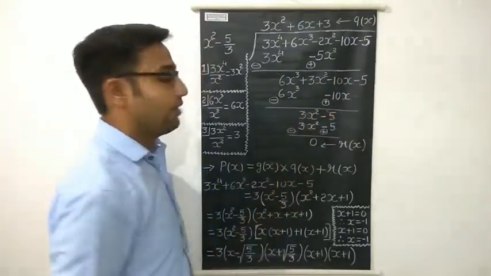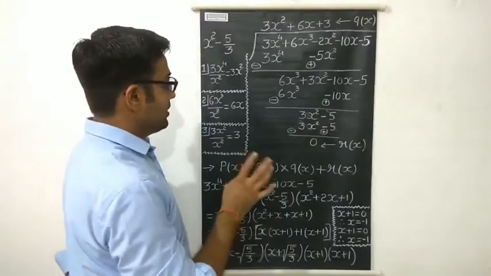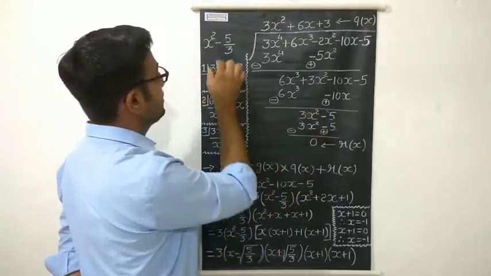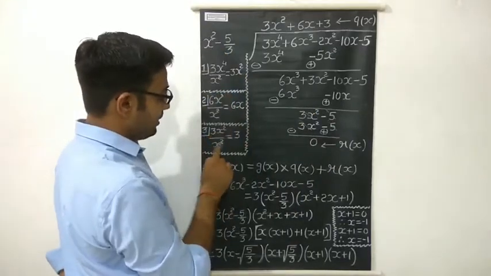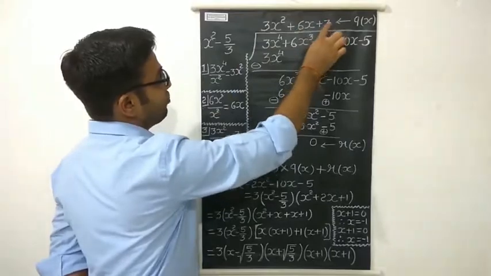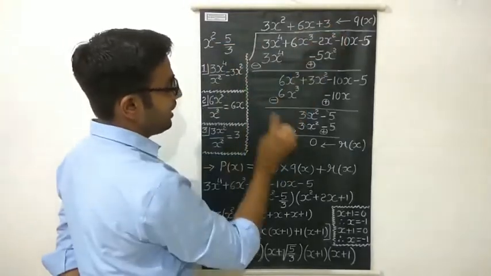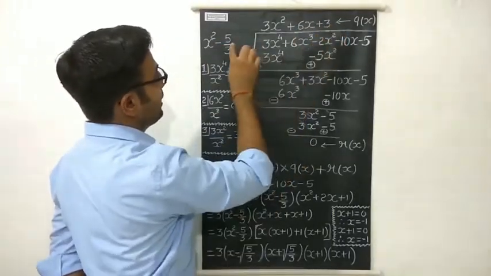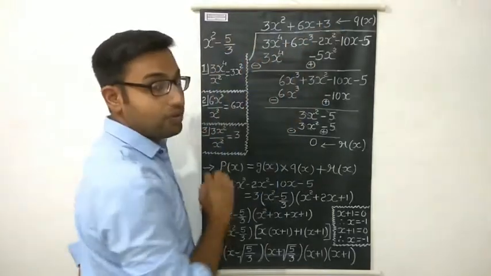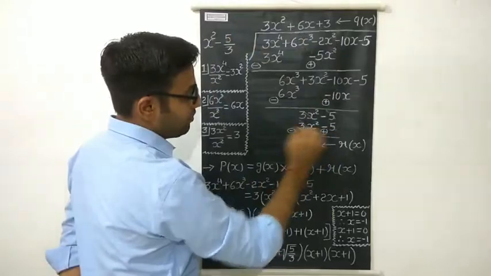Now to get the third quotient, divide this 3x^2 by x^2. So we get 3 only. This is our third quotient. Multiplying this 3 with x^2 - 5/3, the 3 and 3 cancel out each other, and we remain with only minus 5.